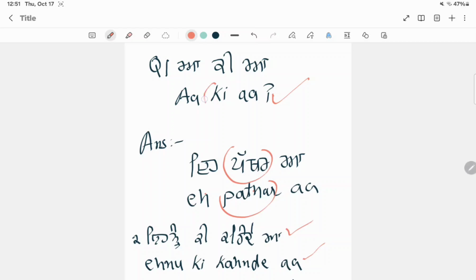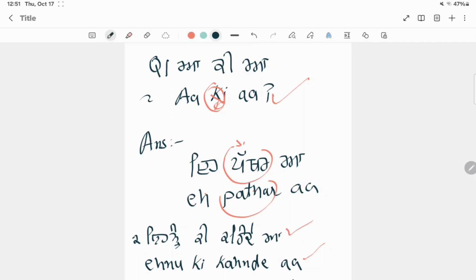Again, this word ki, it means what, all right, what. So what you're gonna do is you're gonna keep the whole sentence the same. Basically, instead of ki, you're gonna eliminate this one, all right, and you're gonna put the patthar. So you can also use a here.